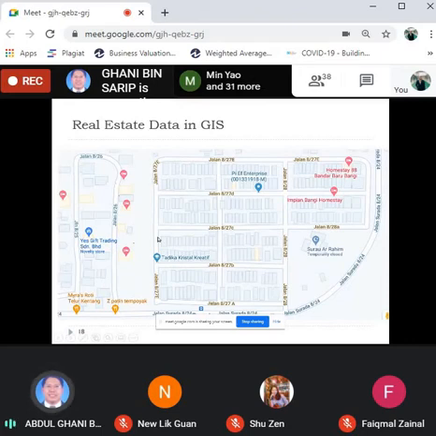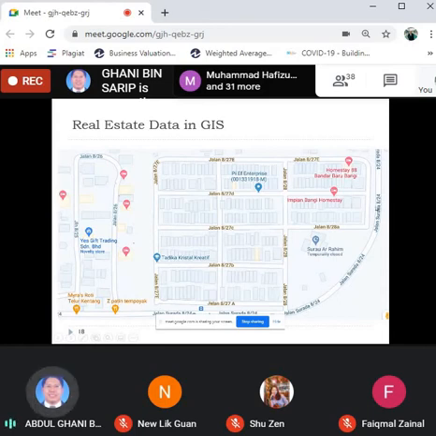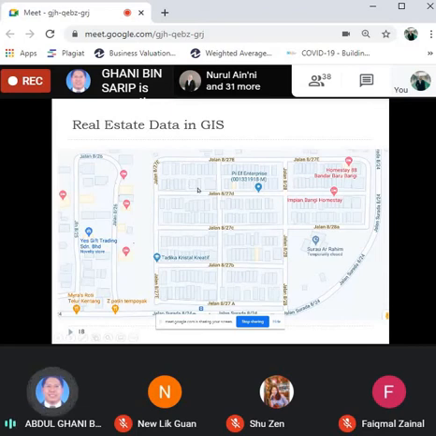So we can see a variation of street networks there. Among other things, we also see the parcels, or the lots, of the property. And these can be spatial data, a spatial map.